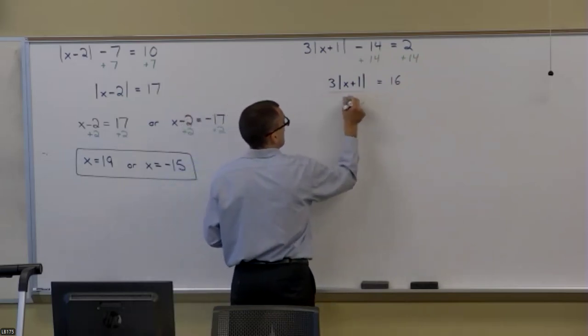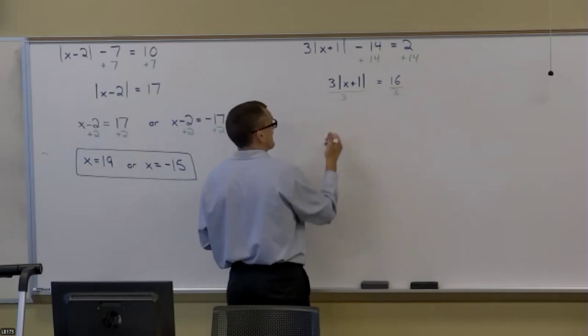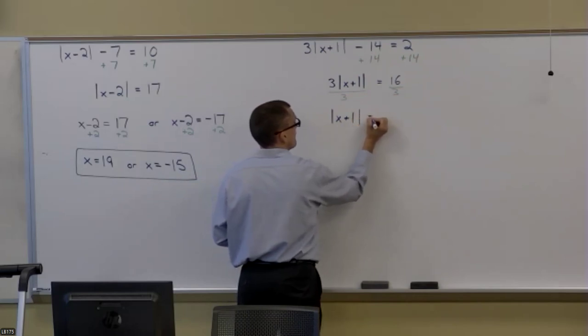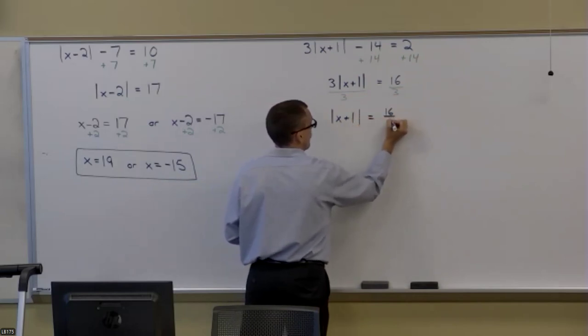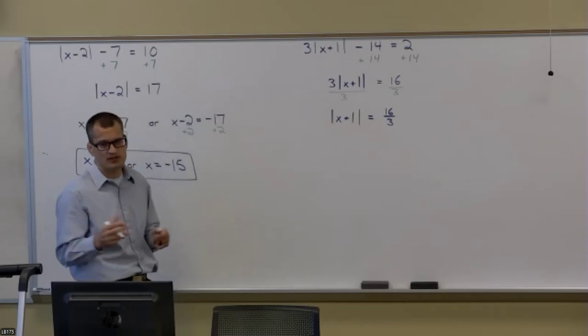Then I would divide both sides by 3, and that would give me the absolute value of x plus 1 is equal to 16 over 3. You could write that as 5 1/3 as well, or 5.33 repeating, that's fine.